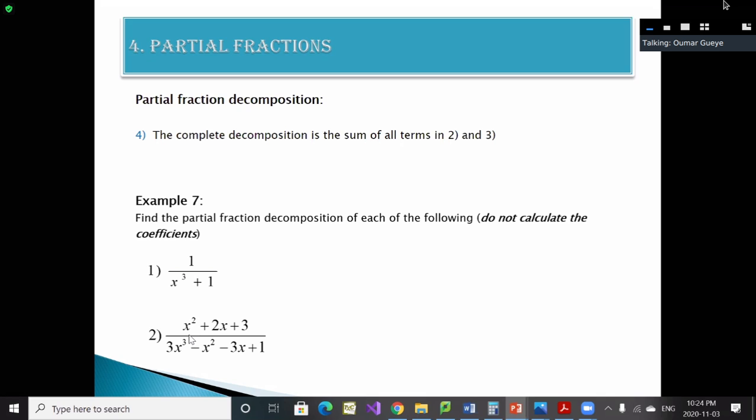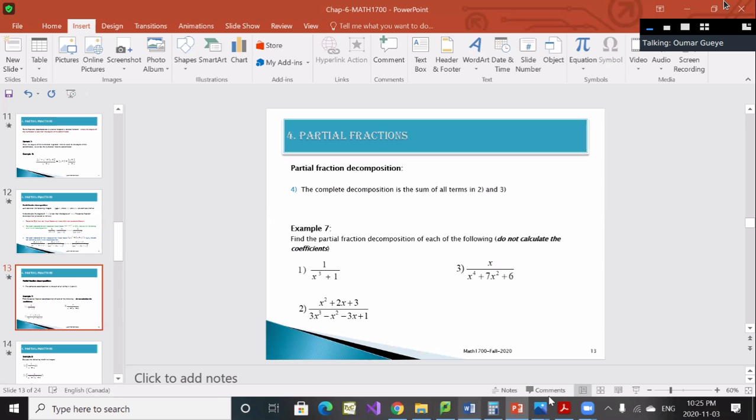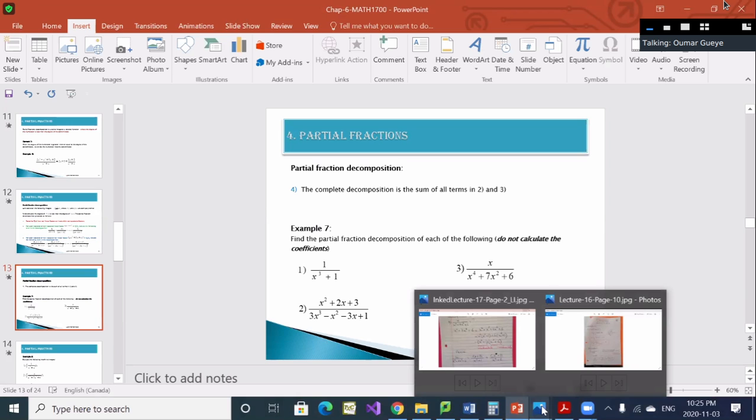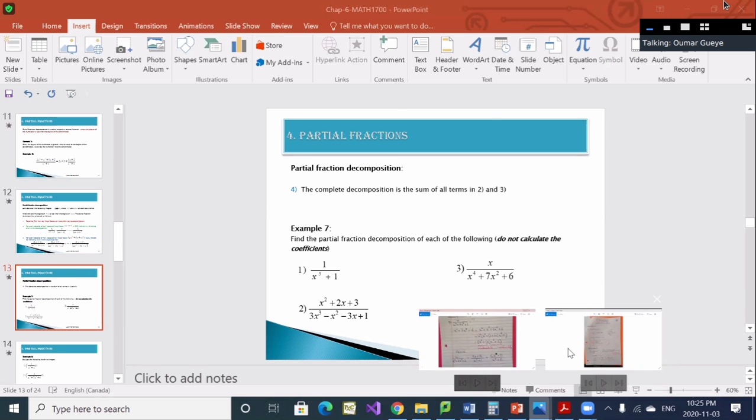So the second condition is also satisfied because the degree of the numerator is less than the degree of the denominator. Now you can apply the technique without doing any long division. Okay, let's see how to do it.